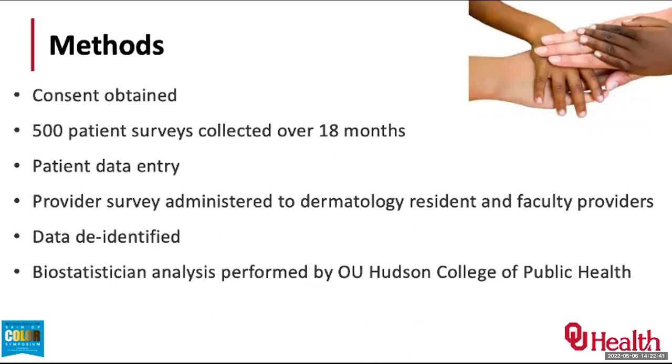The data was then entered along with the Fitzpatrick skin type that was assigned to the patient at that day of the visit. A provider survey was also administered to our dermatology residents and faculty providers, and the data was de-identified and a biostatistician analysis was performed on the data.